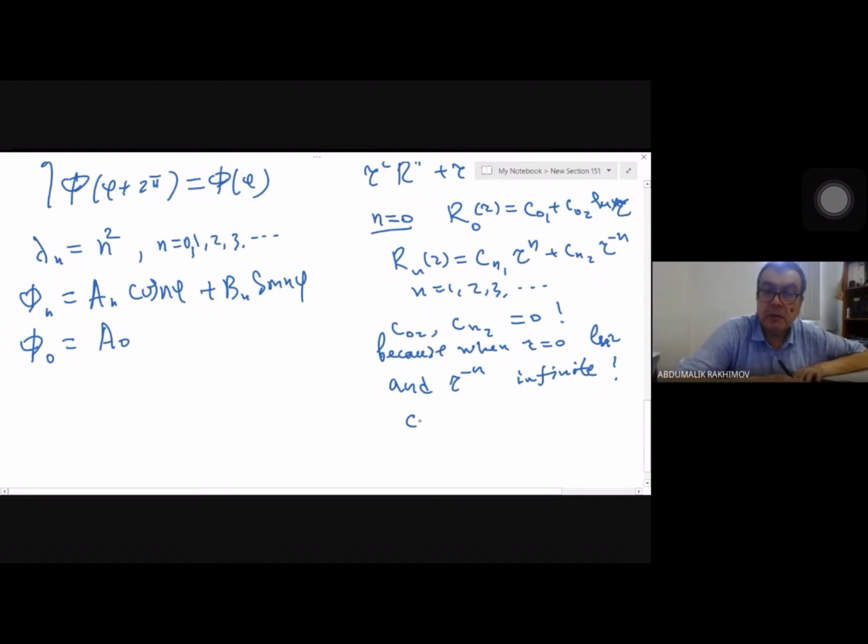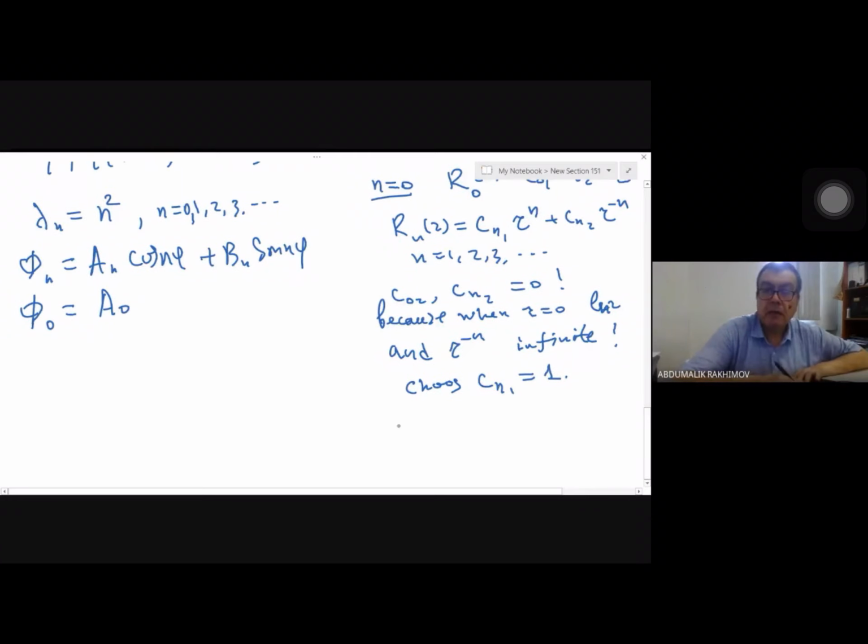Choose Cn1 as 1. So then what will happen? Your R0 will be constant, right? R0 will be 1. So you can say Rn(r) will be just r to the power n for all n.